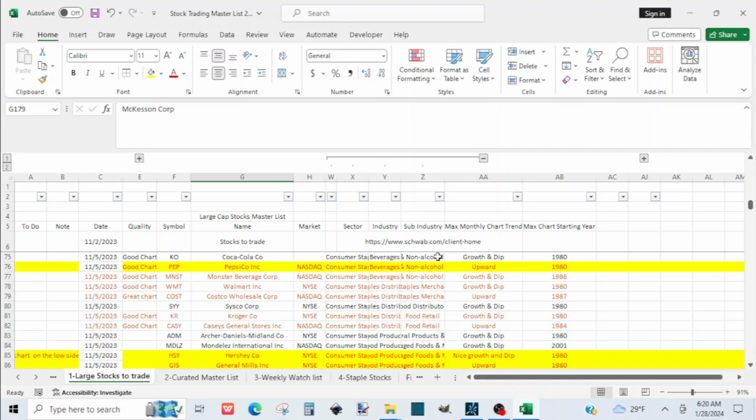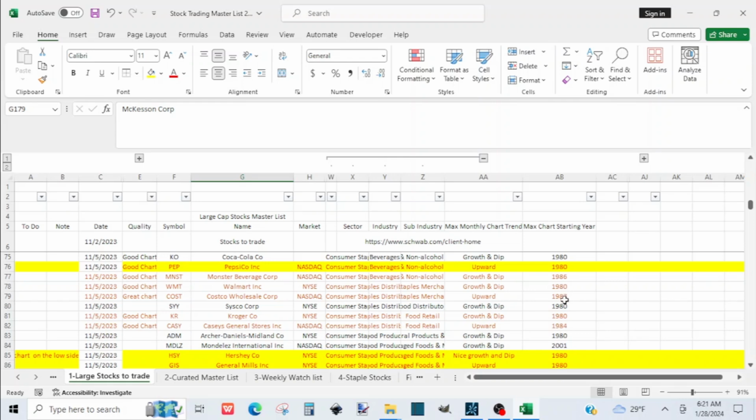So the master list is large capital stocks that I hand enter on my spreadsheet, sector, industry, and sub-industry, one at a time. I eliminated LLCs, things that are now entities that are now corporations, and I eliminated charts that are older than 2024, like the starting year on the chart.